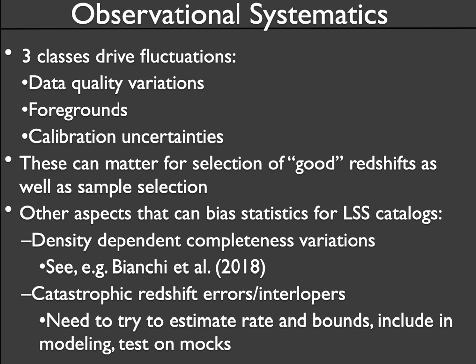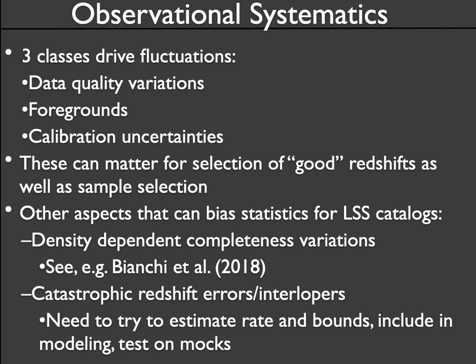Then there will be foregrounds, things like bright stars that corrupt our ability to measure anything around them, or as those stars get to a, say, medium brightness, they're not going to completely corrupt everything around them, but they will affect it enough that we might need some statistical correction.